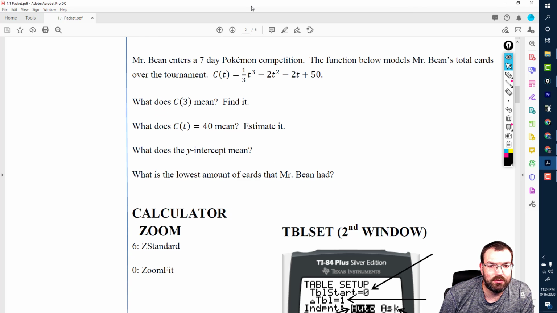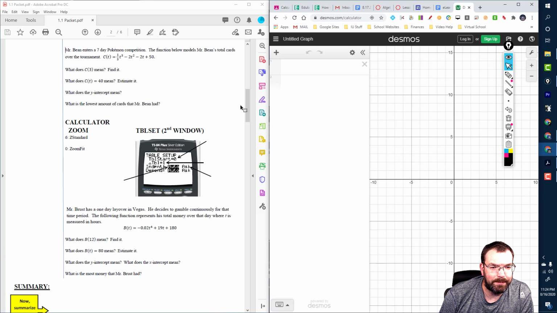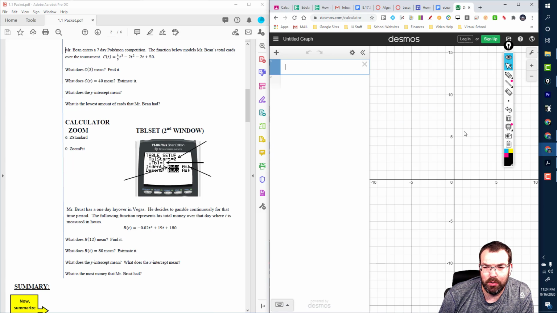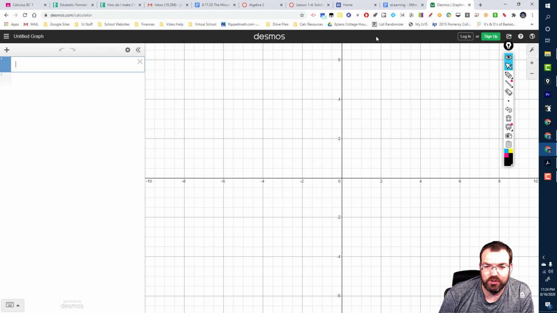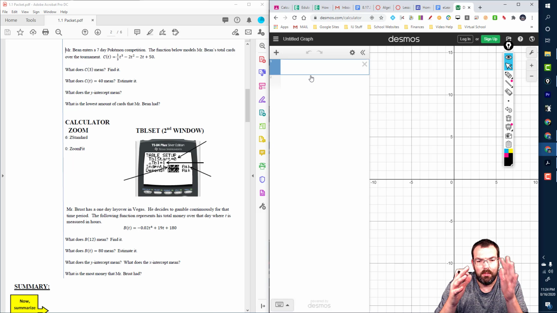I am going to split screen here, and I already have Desmos popped up. If you didn't know what you're looking for, you go to this website, and it says Let's Learn Together, and then it says Graphing Calculator. You click on the Graphing Calculator, boom, and then it looks like this. Now yours might look bigger because it's a bigger window, but for me, I'm just split screening here. Okay, let's go.